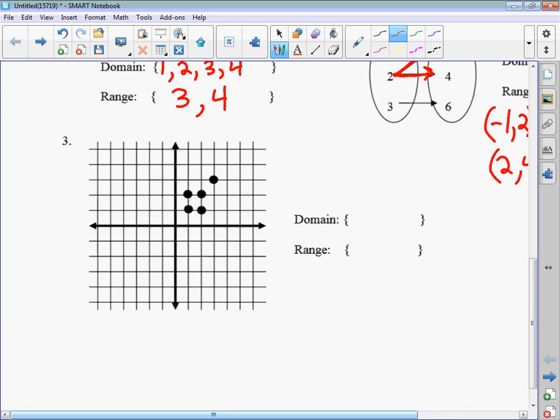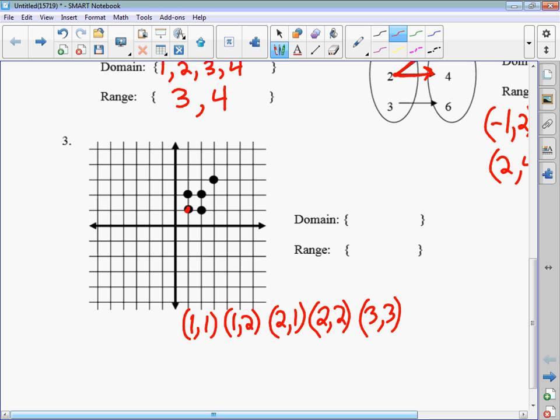Now we're looking here, and it's sometimes easier if we look at our points and plot them. So I have 1, 1. I have 1, 2. I have 2, 1. 2, 2, and 3, 3.